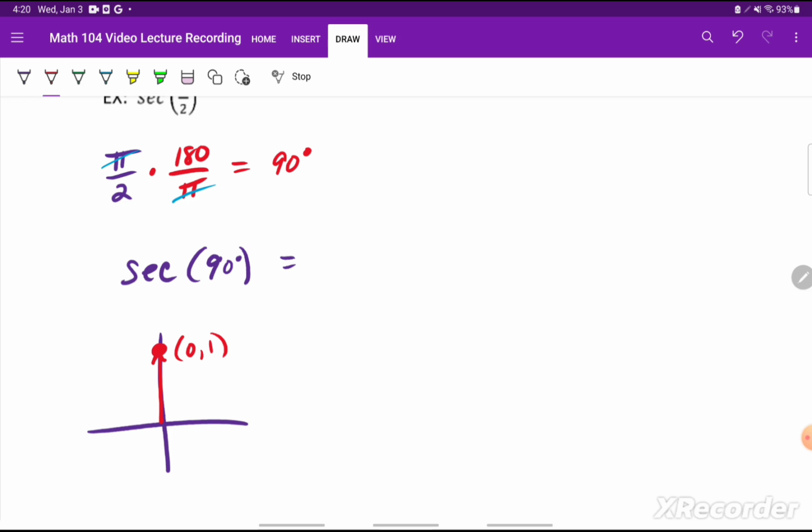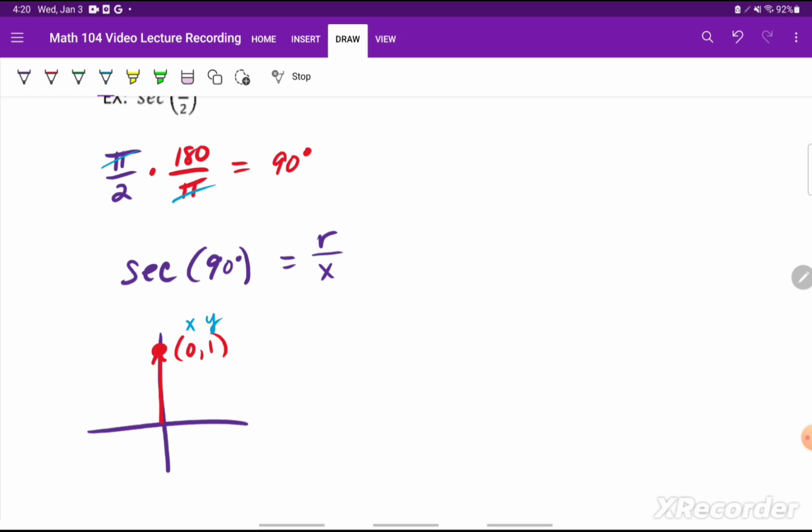Secant, well, I can't really use my SOHCAHTOA definition here because I don't have an opposite and hypotenuse here. So I've really got to use my original definition with r involved. So secant is r over x. And this point gives us x and y, but not r.